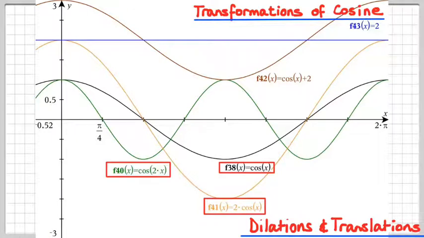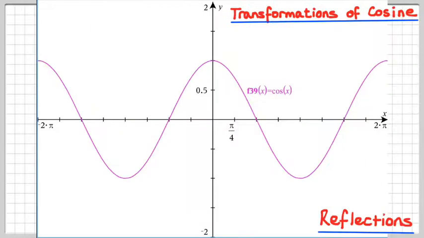That's cos of x moved up 2, so that the central axis that it gyrates around is at y equals 2 instead of the x-axis, which is the normal position, y equals 0. Okay? Very good. Now these are the reflections for cos. There's your basic cos graph from minus 2 pi to 2 pi.